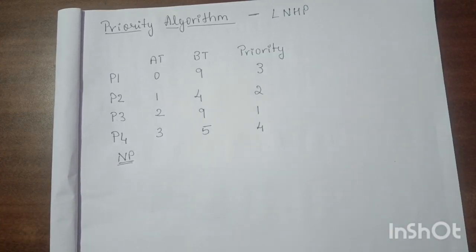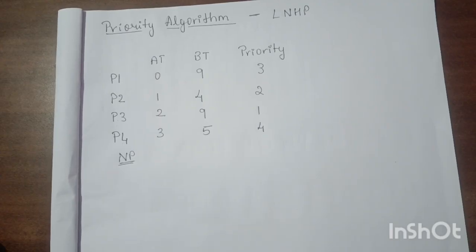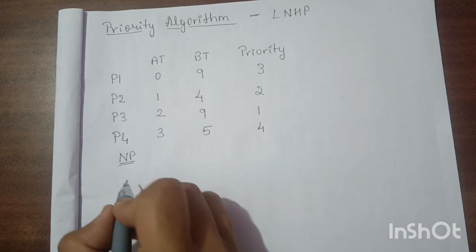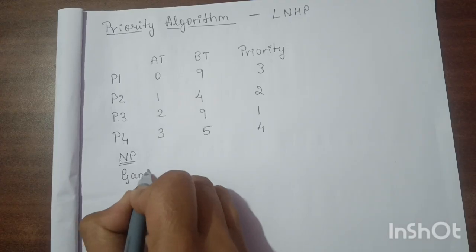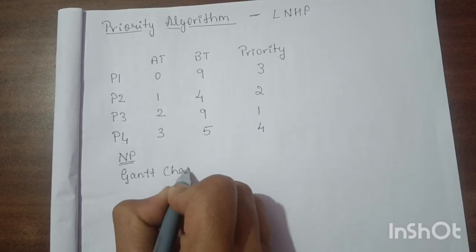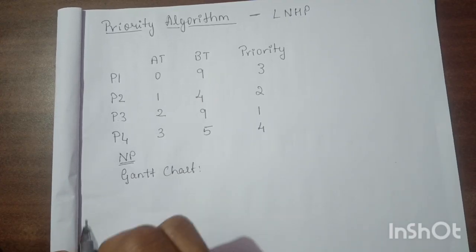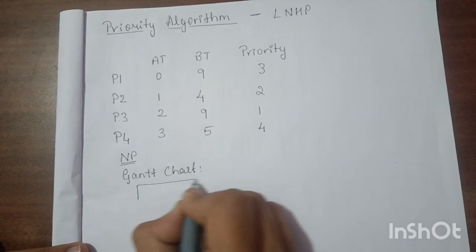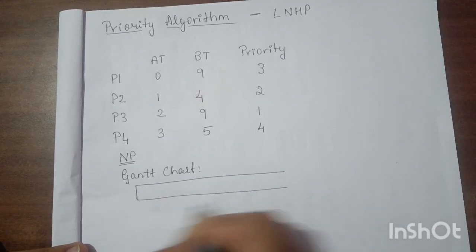For the non-preemptive method, we know that once the process has been scheduled, it will be completely executed. There will be no interruption while it is executed. So the first thing we have to do is the Gantt chart. I obviously have to start it with 0.